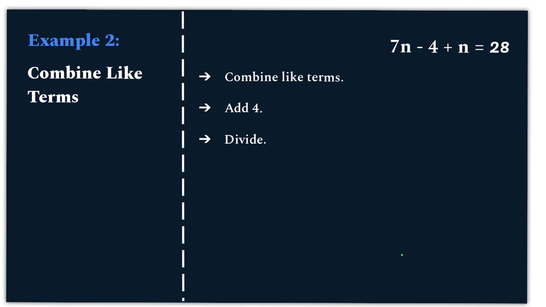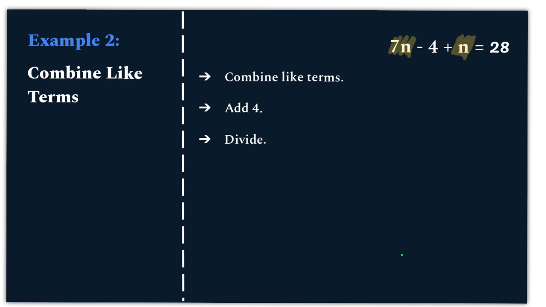Okay, for this example, we need to combine like terms before we start isolating our variable. So our like terms are 7n and n. One thing to remember is that when we're combining like terms, we want to make sure not to change the sign of the terms. If it's positive, it stays positive. We do not use inverse operations here.